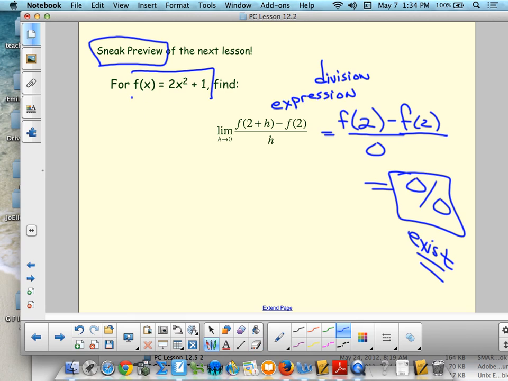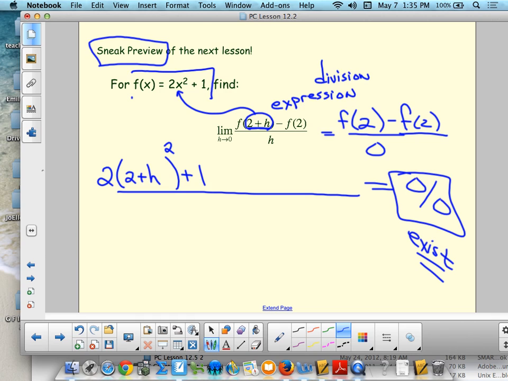Except, it's not a number. I'm not telling you to put the number 3 in. I'm telling you to put the number what in? 2 plus h goes into your function back here. Here we go. Now we're starting. So it says 2 times your number squared plus 1. But what's the number you're putting in? 2 plus h is the number you're putting in. It's not like it's an easy number, 3, 4, 5. Then it says to subtract, right?